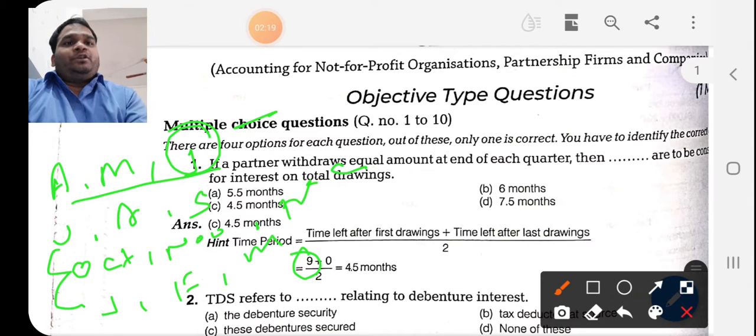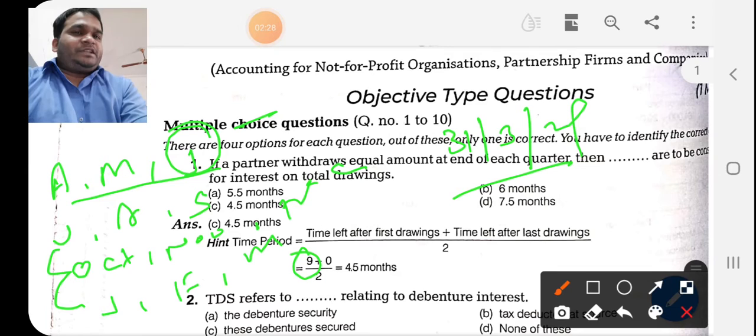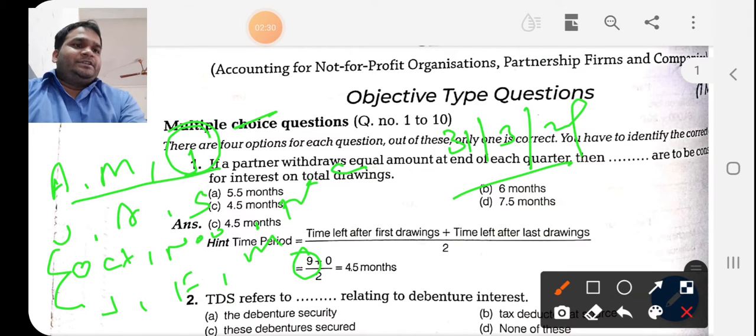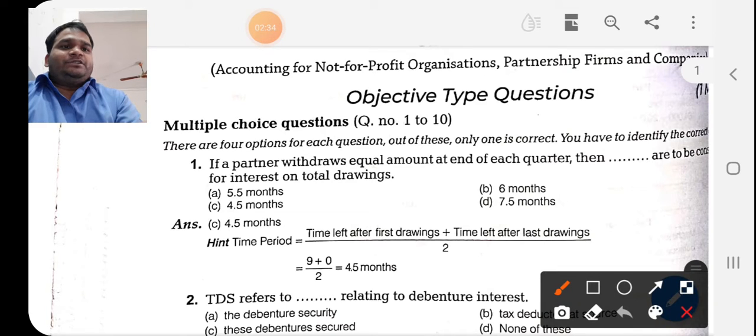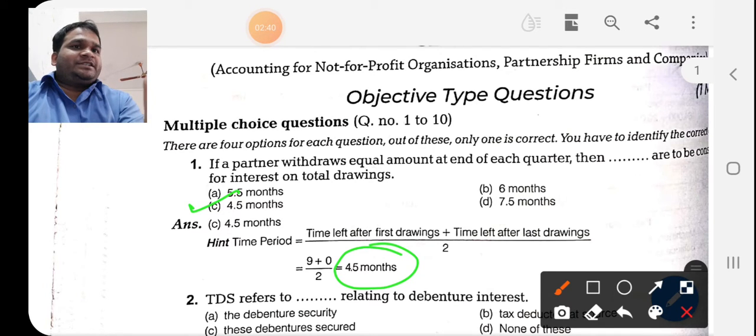Basically 0, because the last time the partner is withdrawing the amount will be on 31st March. So it will come 9 plus 0 divided by 2, so 4.5. Your answer will be 4.5 months. I hope the first question is clear to you.